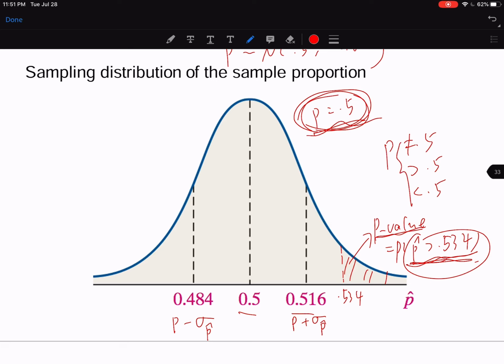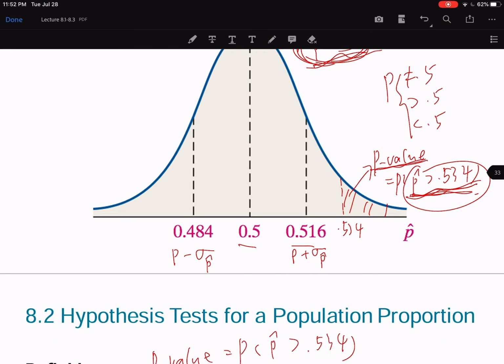There are going to be different situations based on what kind of test we're doing. It could be a two-tailed test, a left-tailed test, or a right-tailed test. But the point I would like to emphasize is that if the p-value is too small, the probability is too low to draw a sample like this from a population like that, and that's why we reject the null hypothesis. I wish this makes sense to you.